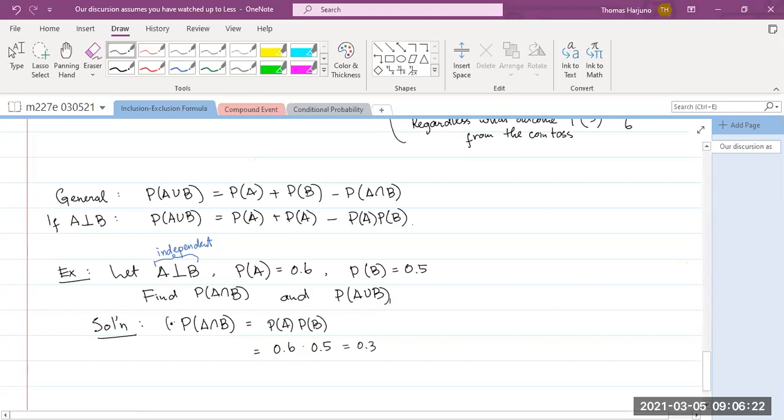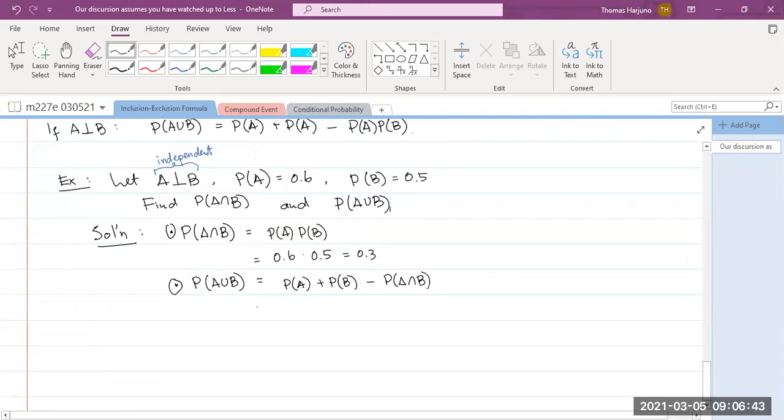Then, how about probability of the union? That is probability of A plus probability of B minus probability of the intersection, which we had computed earlier. So we can compute it now also.